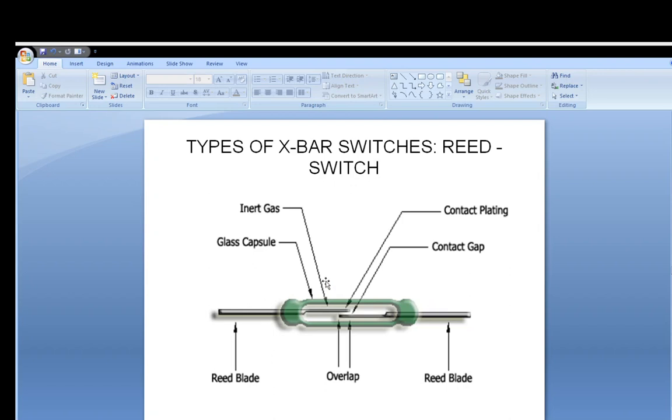On applying an electromagnetic field, these two plates will be attracted towards each other, and then a connection will be set up between these two. By using this concept, there is no possibility of sparking or oxidation while switching is established.